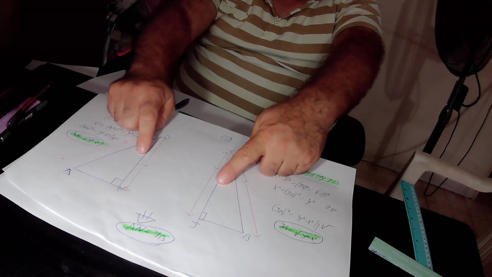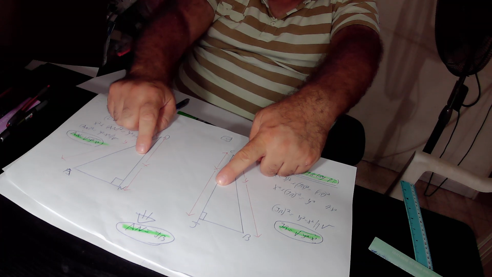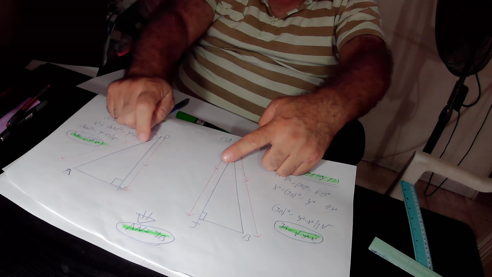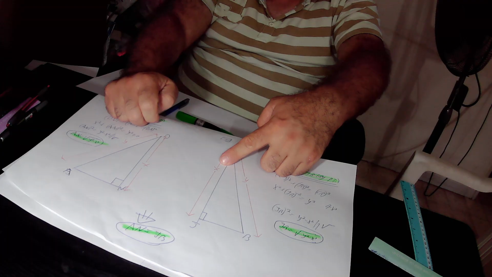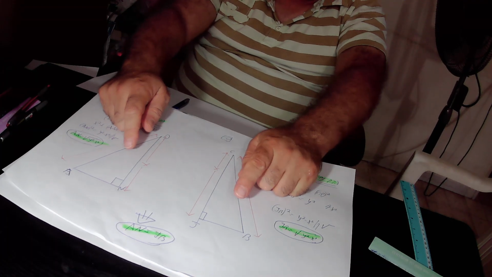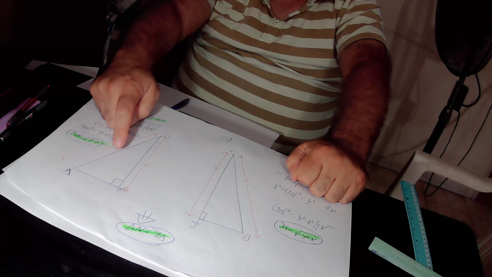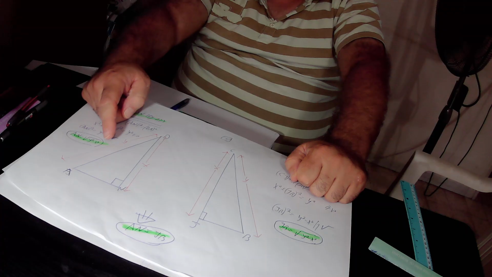Those two sides are equal to each other according to the rule that the opposite sides of a rectangle are equal to each other. So if we define the length of this side as x, then this side must also be equal to x. And finally, here we implemented the Pythagorean theorem on this right triangle DNA.